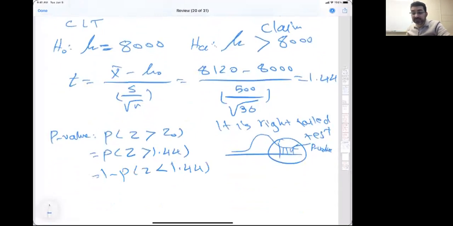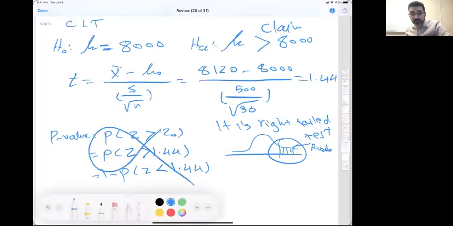Why? Because this is not z. This should be t, not z. Don't forget that. In hypothesis testing for mu, we use t. After a while, you will see p, which means the proportion, we use z. Don't confuse them.